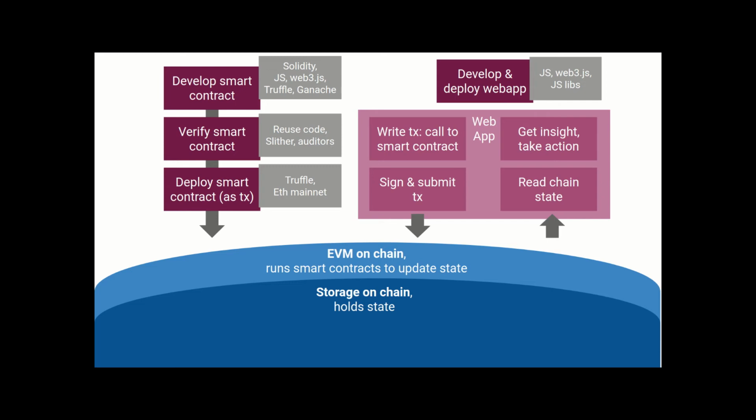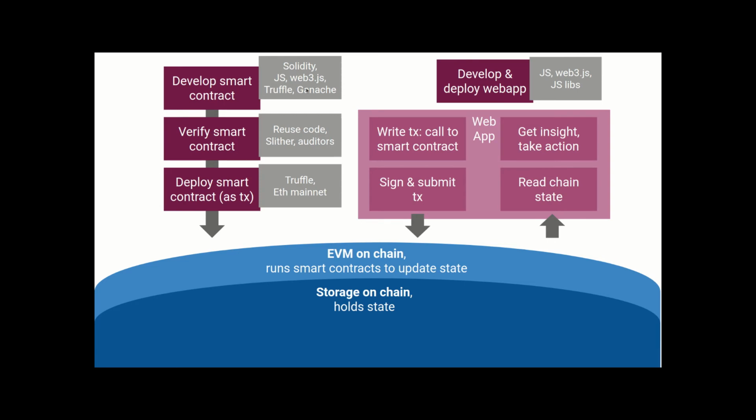Reuse battle-tested contracts, such as ERC20 contract implementations, or implementations for automated market makers like DEX, decentralized exchanges, and more. So reusing code is a key trick, and tweaking it if needed. And then you can have digital verification tools like Slither, and anyone doing this seriously and professionally also employs third-party auditors. These are expensive and take time, but it really makes a difference if you've got a lot of money on the line. Finally, you deploy it, once again using Truffle, like the first part.